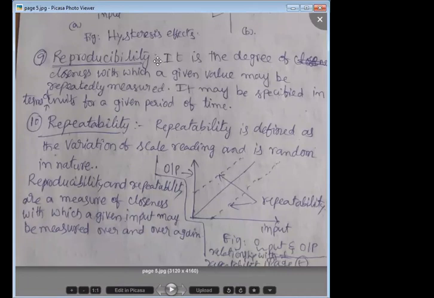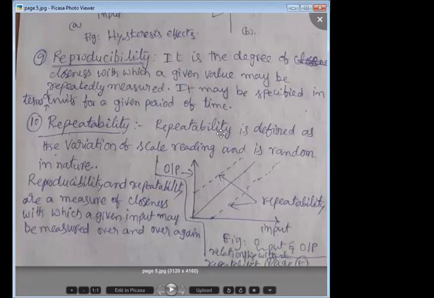The measured value should be the same value for the same input. We measure a number of times, and it should produce the same value. That is reproducibility. It may be specified in terms of units per given period of time. So for a given period of time, how it produces the same value is considered reproducibility.